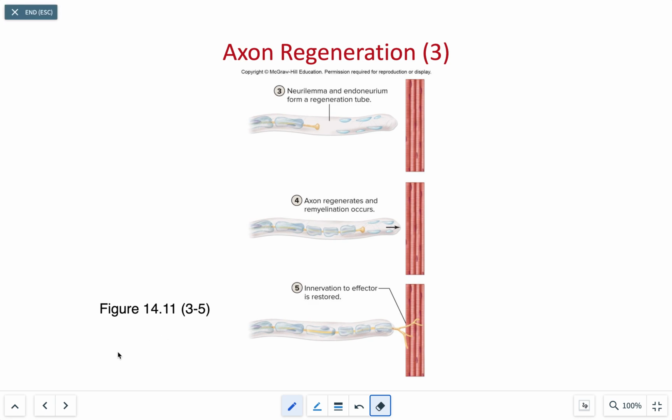So at this point we have function of the effector.